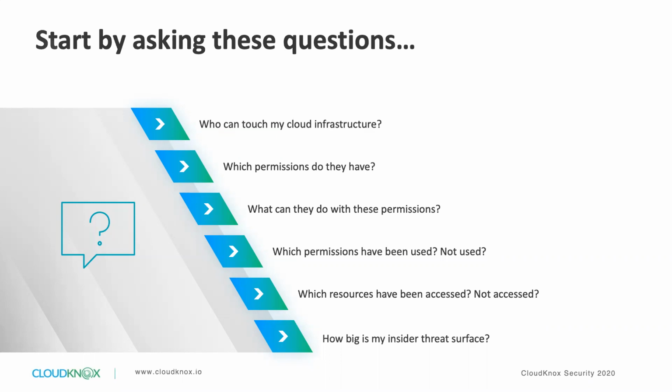And the bottom line here is, how big is my insider threat surface versus my external attack surface as well. So we want to look at this not only from an outside perspective, but also internally, as the risk for insider threats continues to increase.